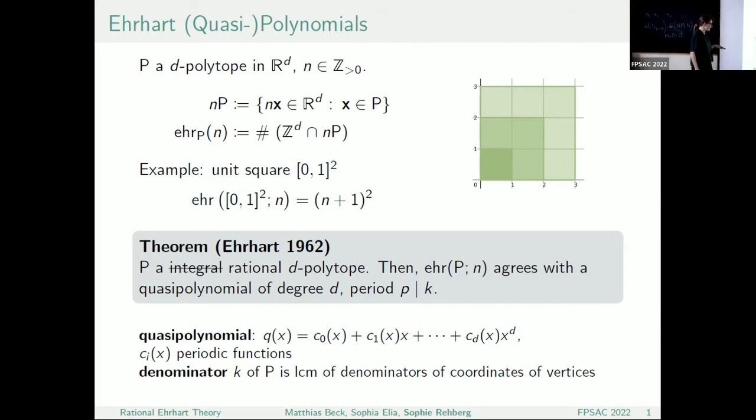And then we can give a bound, or somehow estimate what the common period of those coefficients is, by looking at what we call the denominator of the polytope. And the denominator is the lowest common multiple of all the coordinates of all the vertices of the polytope, right? So it somehow measures how rational the vertices of the polytope are. And then the period divides this denominator.